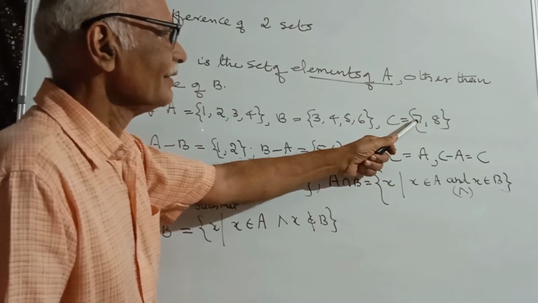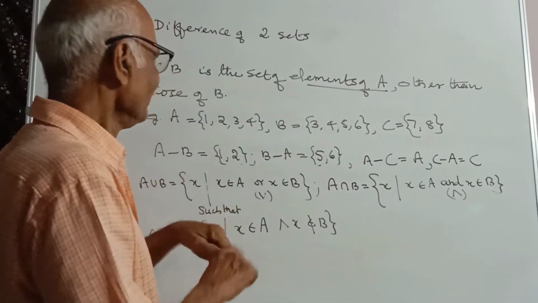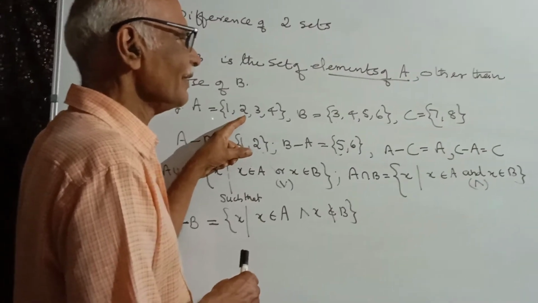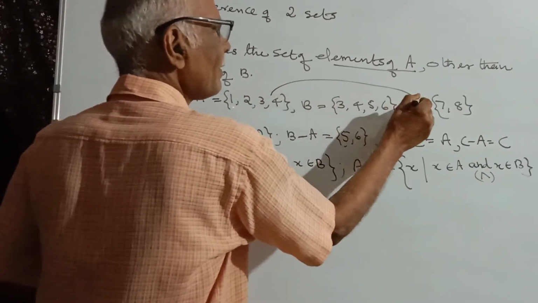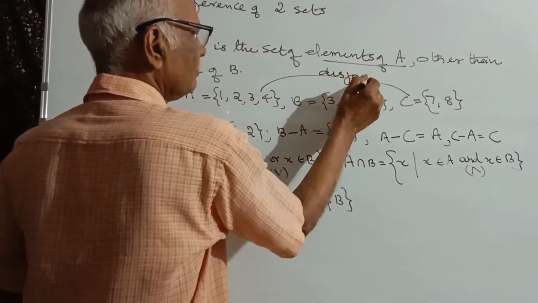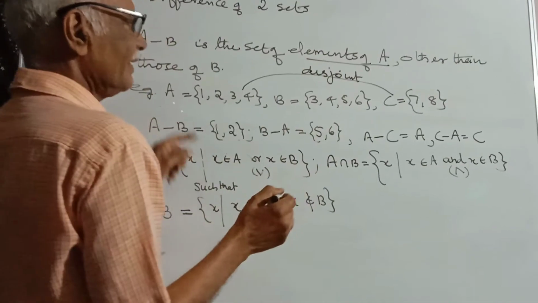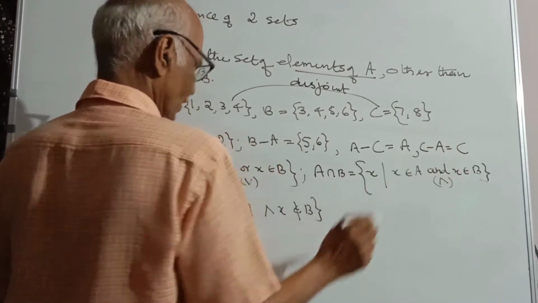C is 7, 8. There is nobody of C in A. So A minus C is A. So we can see these two are disjoint. Then the difference is simply A. Similarly, C minus A is C.